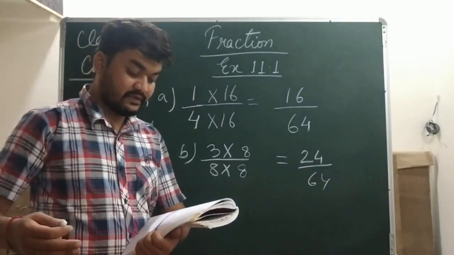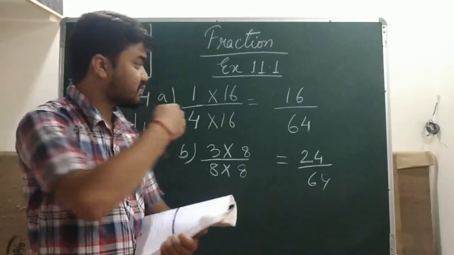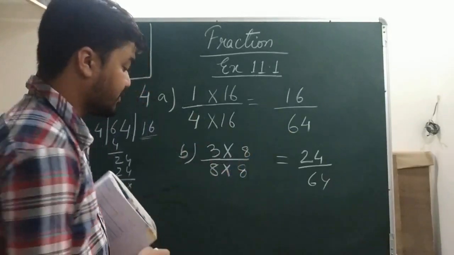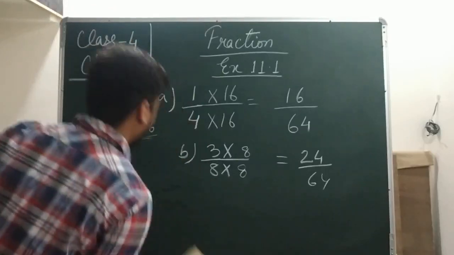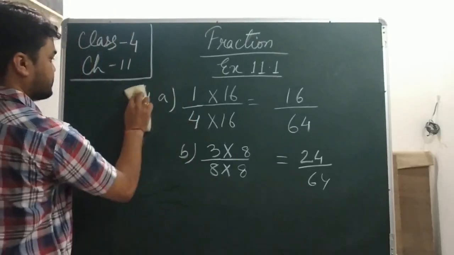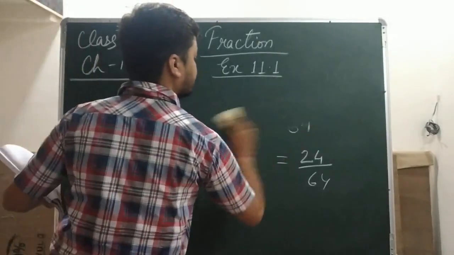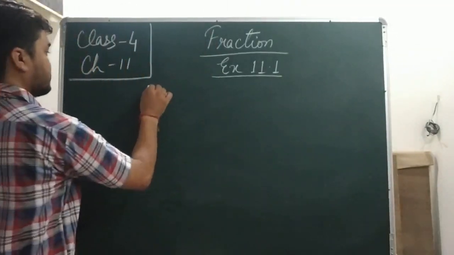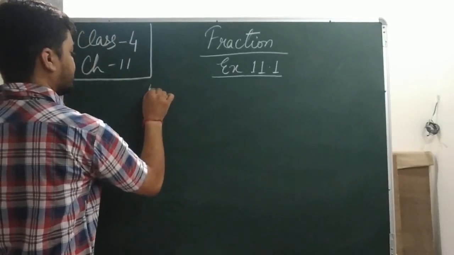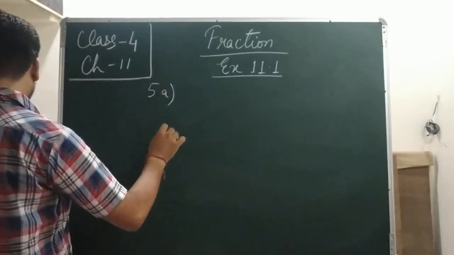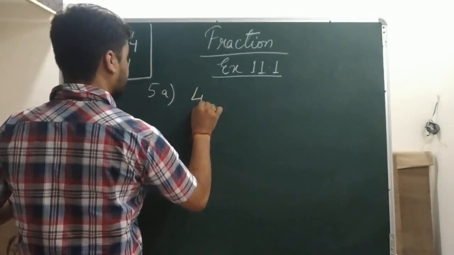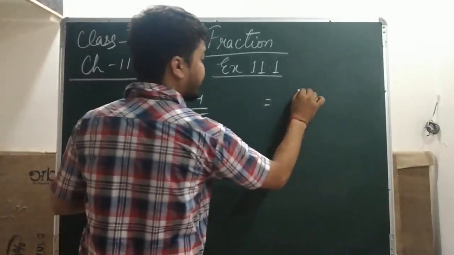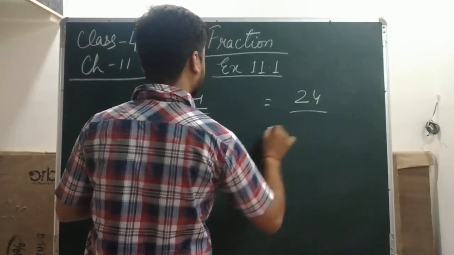In question number 5, we have to see the numerator. As we were seeing the denominator, in question number 5, we have to see the numerator part. In the numerator we have to bring 24.